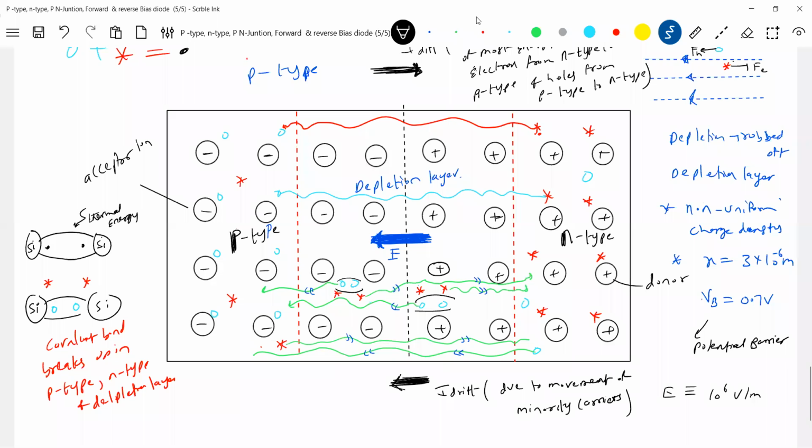That's due to the minority carriers. So why the word drift? Because they are being forced. Look at the electron. It wants to move, but the moment it enters, it will be pulled towards the N type. So it is being drifted. It is being forced to move from P to N type, this minority carrier. So therefore, this is the minority carrier current.